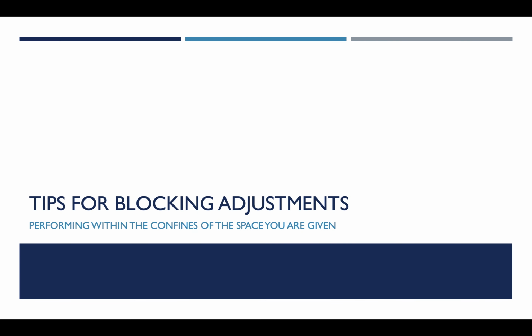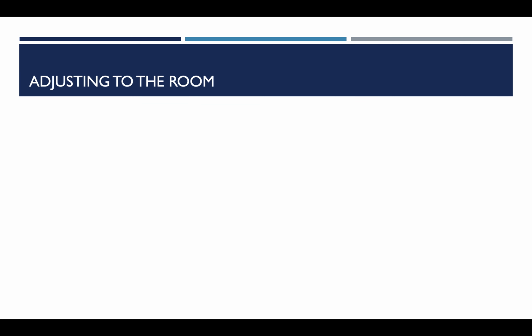Alrighty. Last thing before this lecture concludes is tips for blocking adjustments, being able to perform within the confines of the space that you are given. It's super important that you adjust to the room that you are actually performing in.